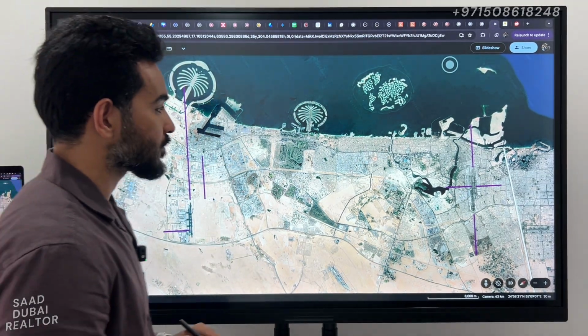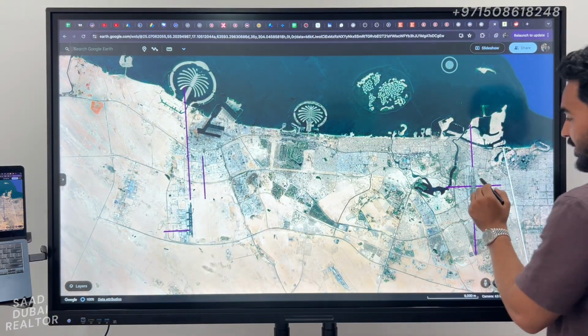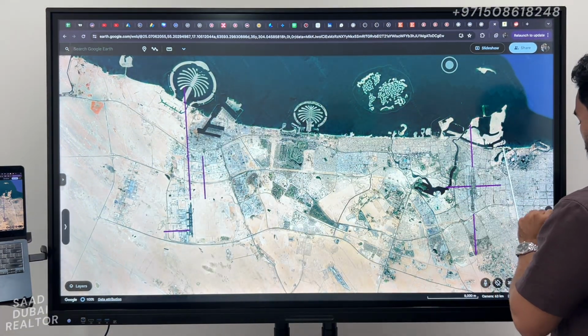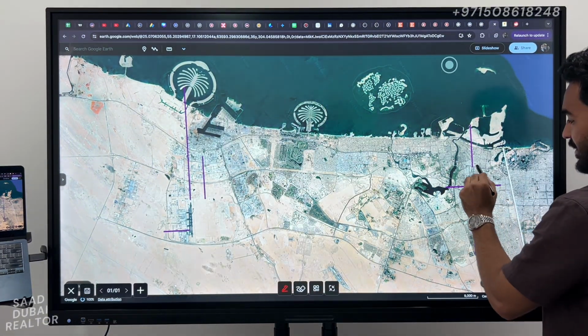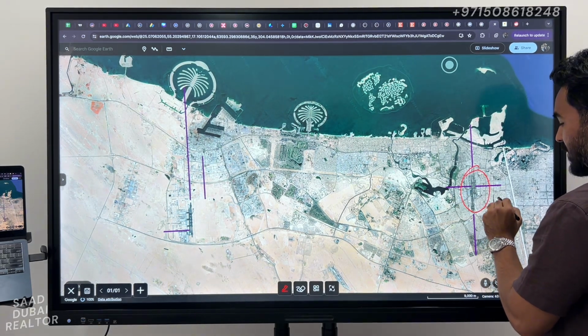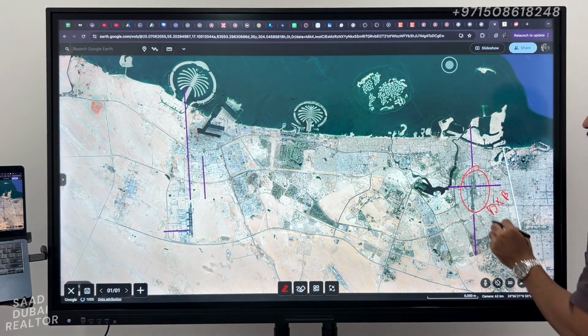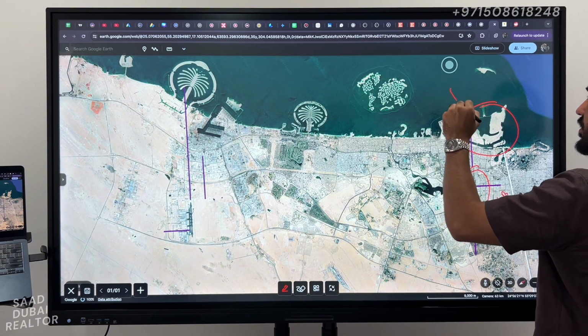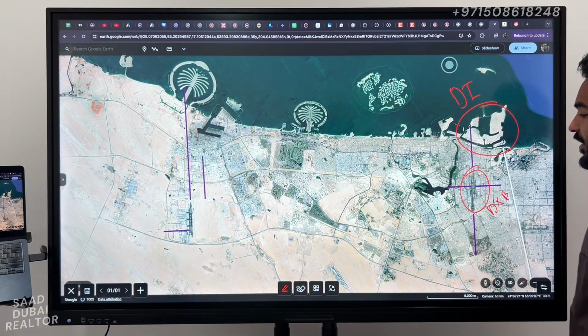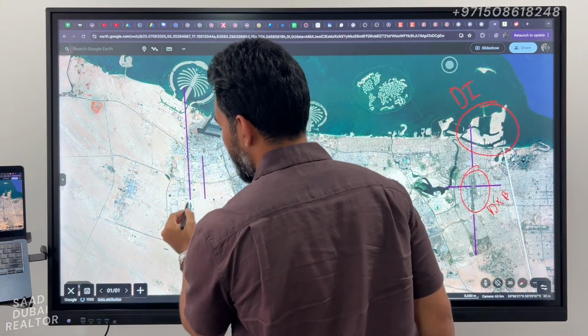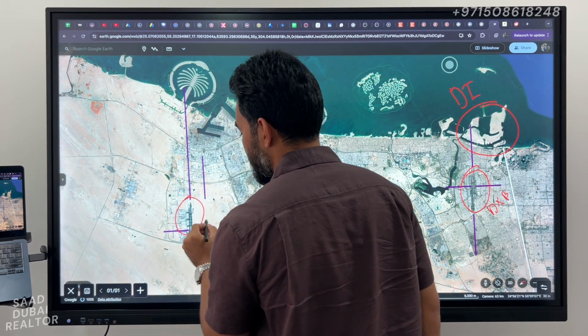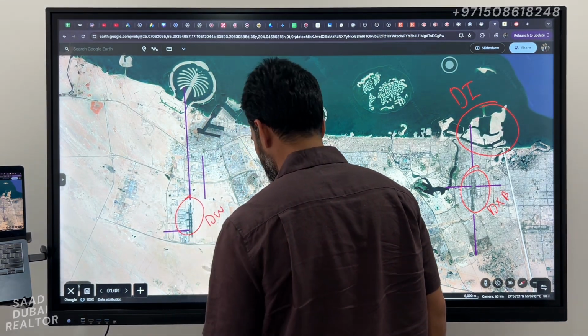Okay. So this is DXB, Dubai International Airport. This is Dubai Islands. This right here is DWC. Actually, wait, hold on.